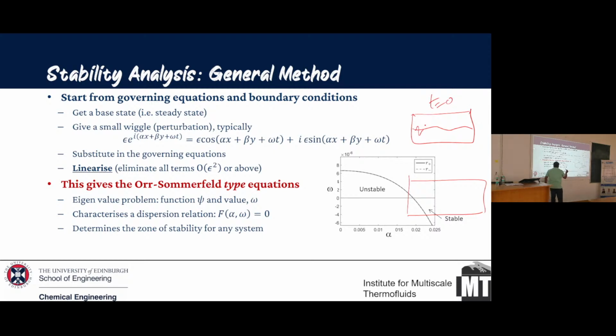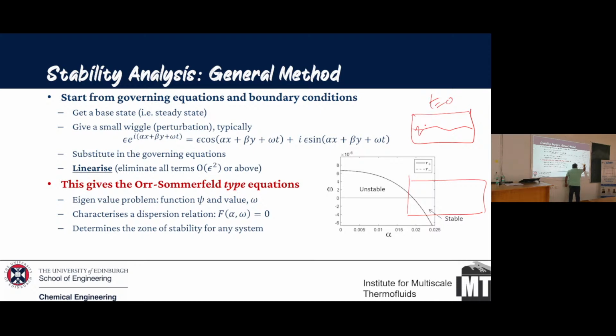And when you solve these equations, it will give you how growth rate changes with respect to wavelength, or this is the wave number. So essentially what it means is it spans across an infinite number of waves, and then it tells you that, okay, if I go from the lowest wave number to a certain wave number, this is the region of wavelengths where the system is unstable because the growth rate is positive.